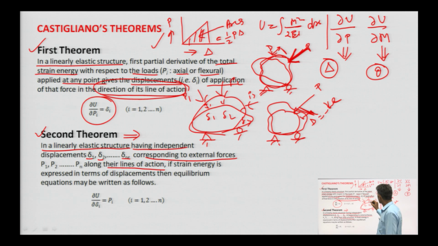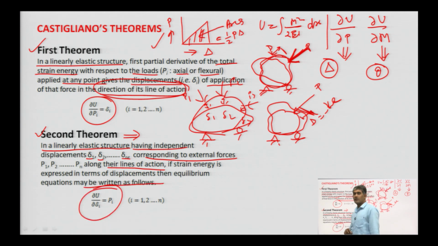If the strain energy is expressed in terms of displacement, then the equilibrium equations may be written as del U by del delta: the partial derivative of strain energy with respect to displacement is equal to the value of the force.